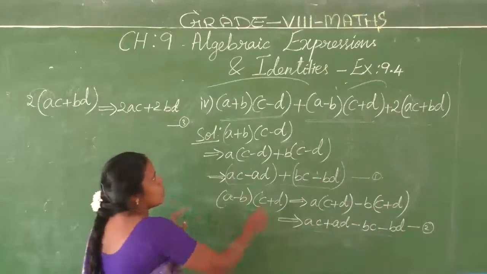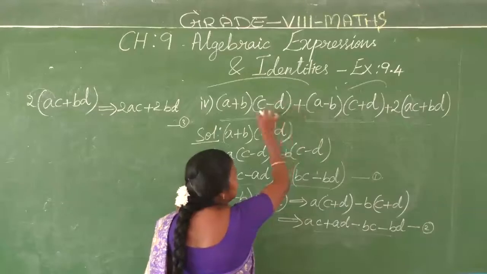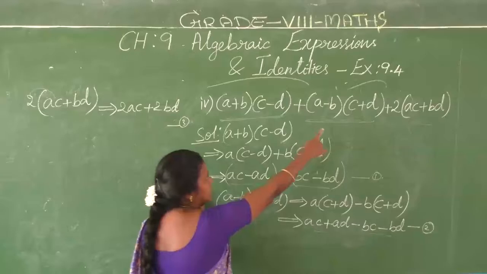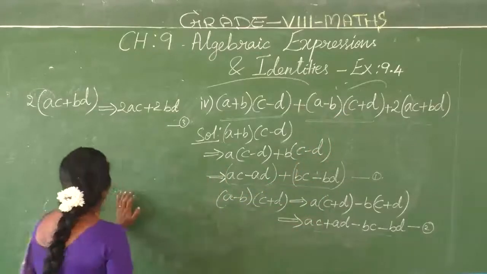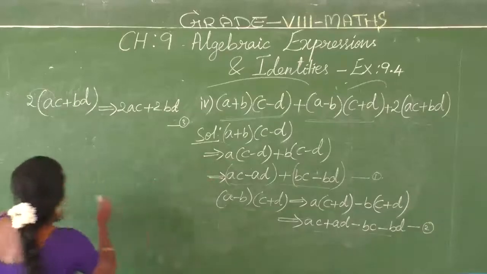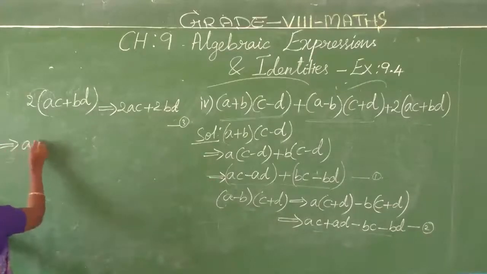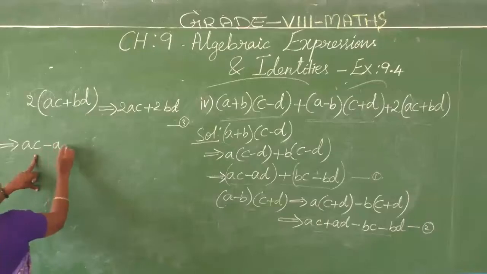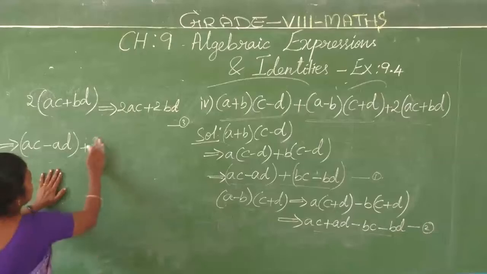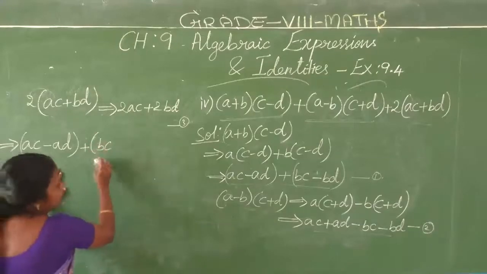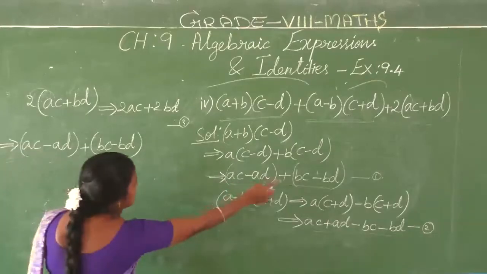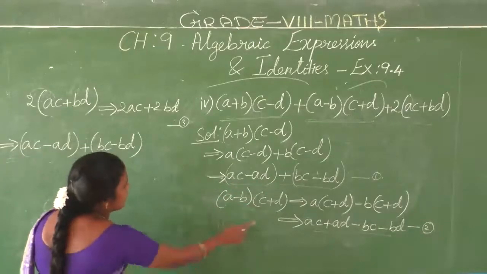All the answers, what am I going to do? Add. This answer plus that answer plus that. Adding the three answers, what comes? First answer is this one: ac minus ad plus bc minus bd.